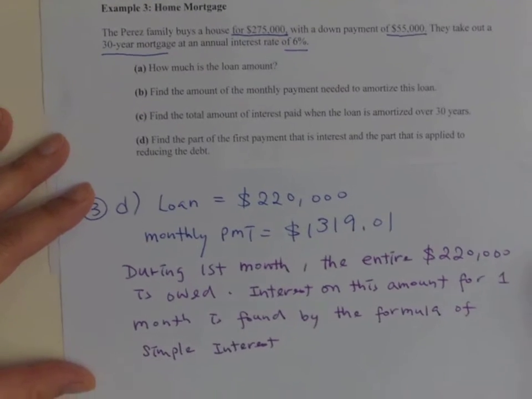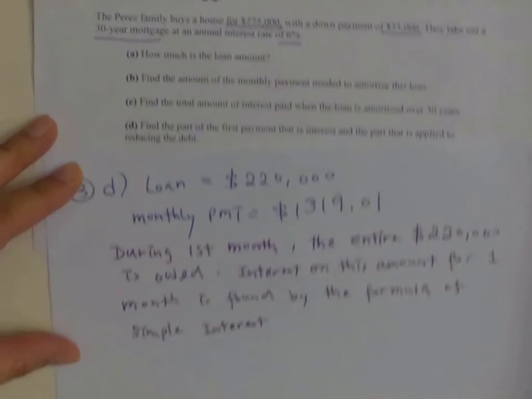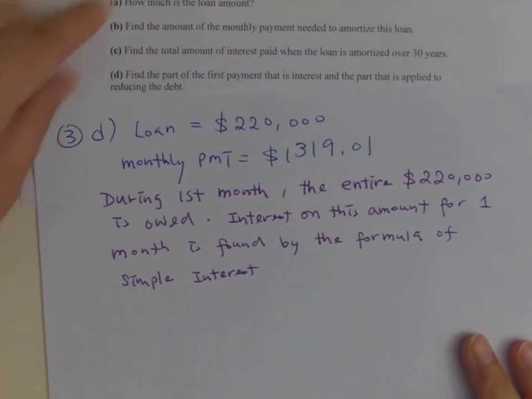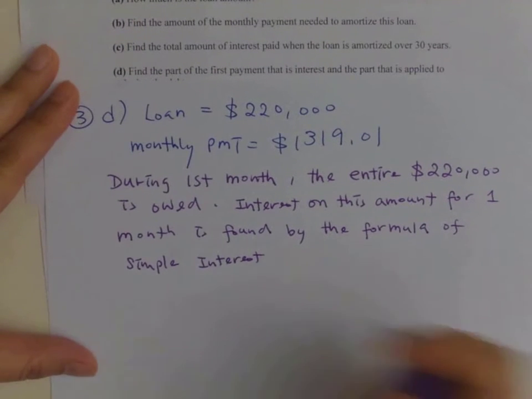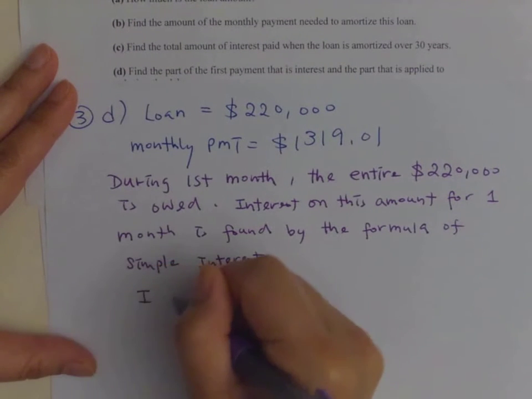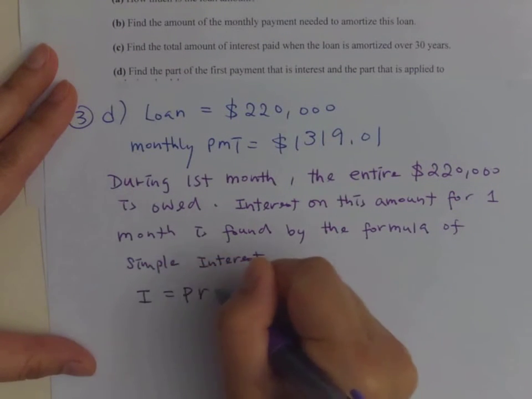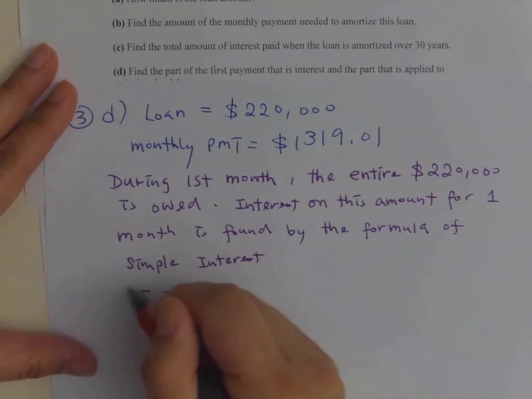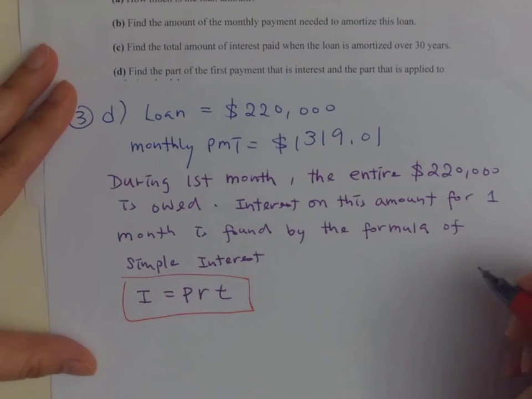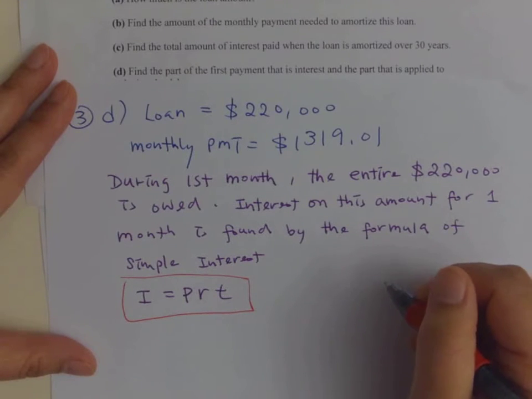Each period, each month, they basically calculate the simple interest based on the balance. So remember the simple interest, we have I equals PRT. So interest equals principal times the rate times the time, right? Be very careful.